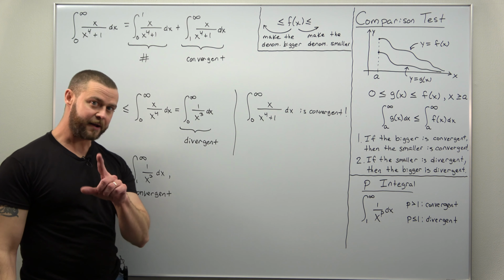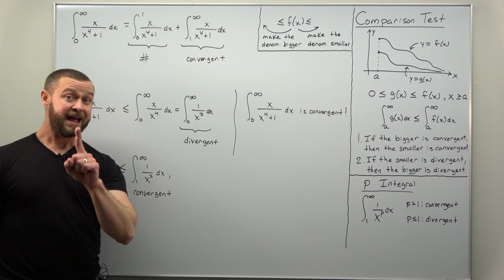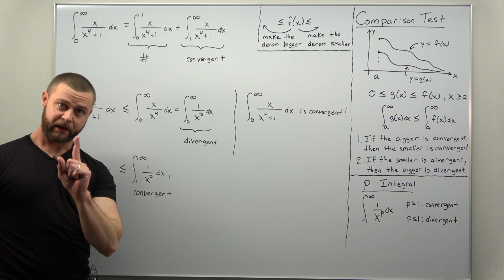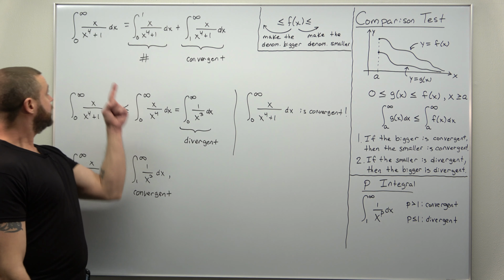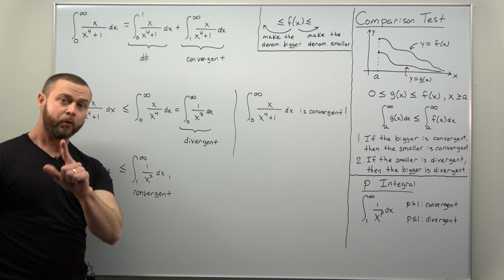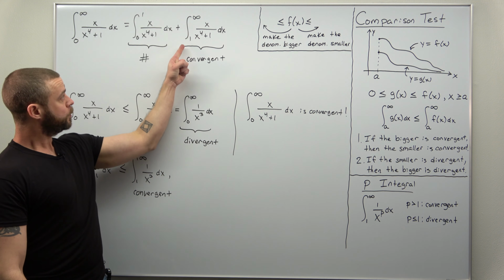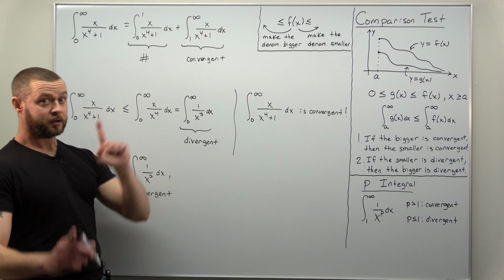And it's convergent by applying the comparison test after we split our integral into 2. And again, the reason we did that is that the lower limit was 0. We want to try comparing with the p integral, which applies when the lower limit is 1.